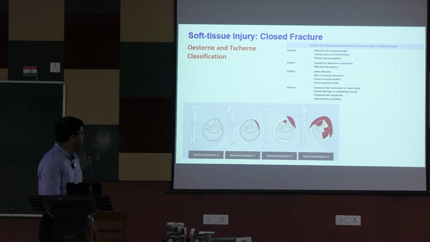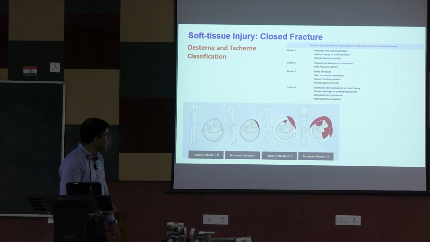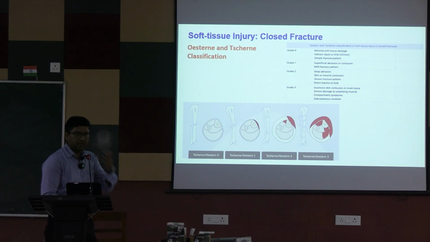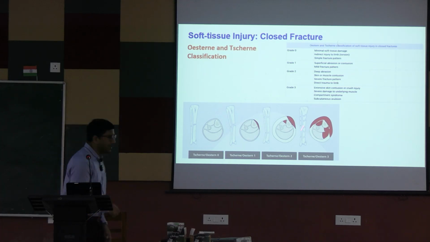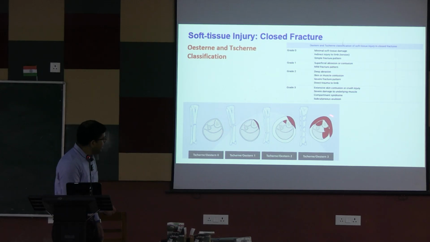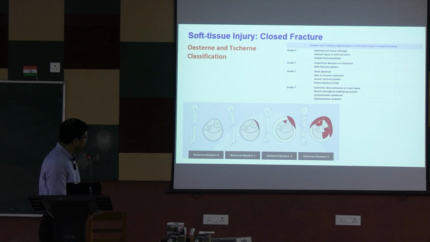Only superficial abrasion is there. In grade 2, the abrasion is deep. That means it goes deep and involves the muscles also. There is more swelling. Clinically, the higher the grade, the more swelling you see. And in grade 3, it is more extensive. It involves a larger portion of the limb. Though it is closed, the underlying muscles are grossly damaged.